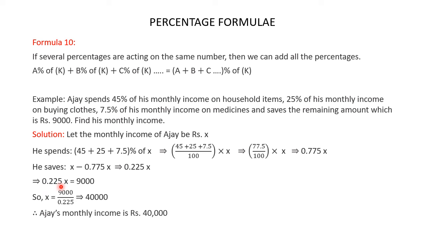So 0.225X is equal to 9,000. This means X is equal to 9,000 divided by 0.225, which is nothing but 40,000. So X is equal to 40,000. This means that Ajay's monthly income is rupees 40,000.